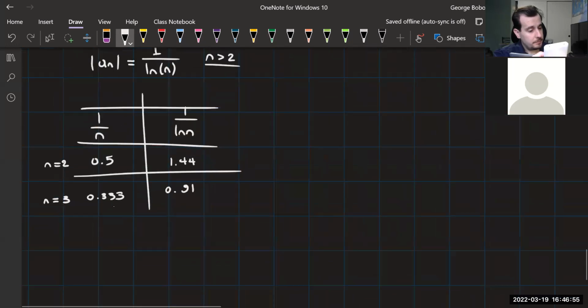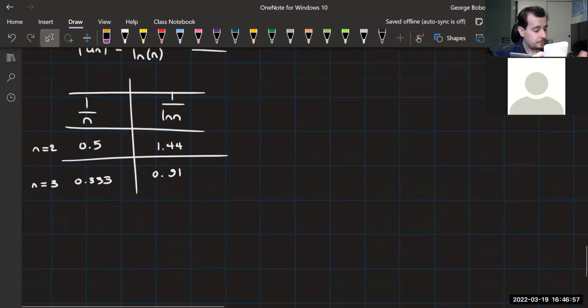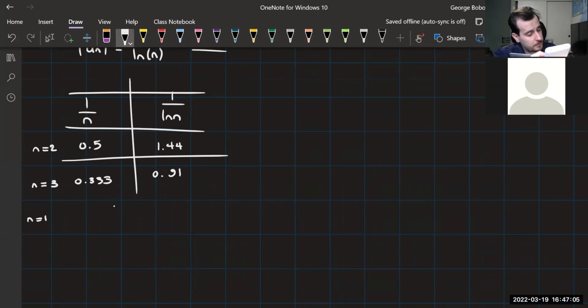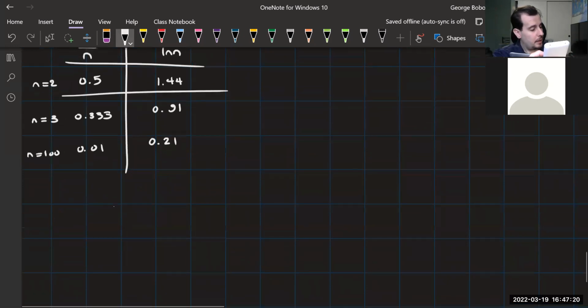So the higher I go, clearly these die off. Let's do 1 over 100. I would get simply 0.01, but for the other one, 1 over ln 100 would be 0.21. I can do 1 million if you want, but I think you get the point. Which one's the bigger series as I do this? 1 over ln n.